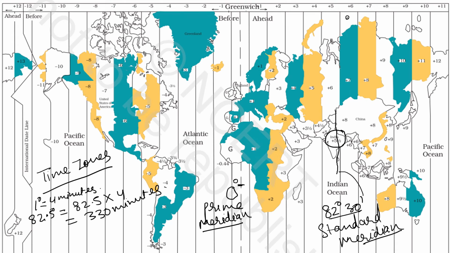And if we divide 330 by 60, because 60 minutes equals 1 hour, this implies 5 hours 30 minutes. What is the use of this?